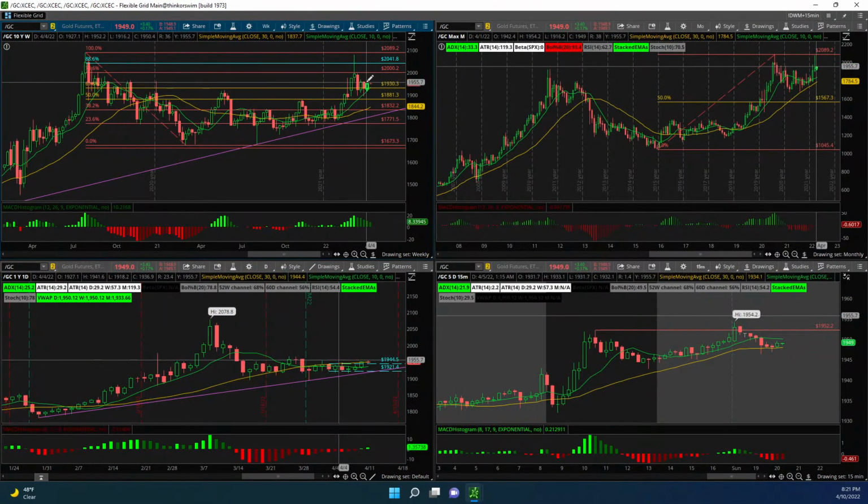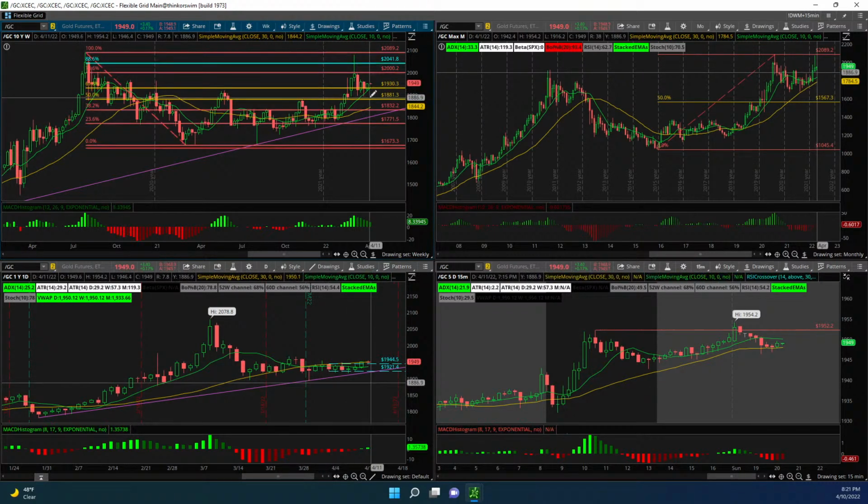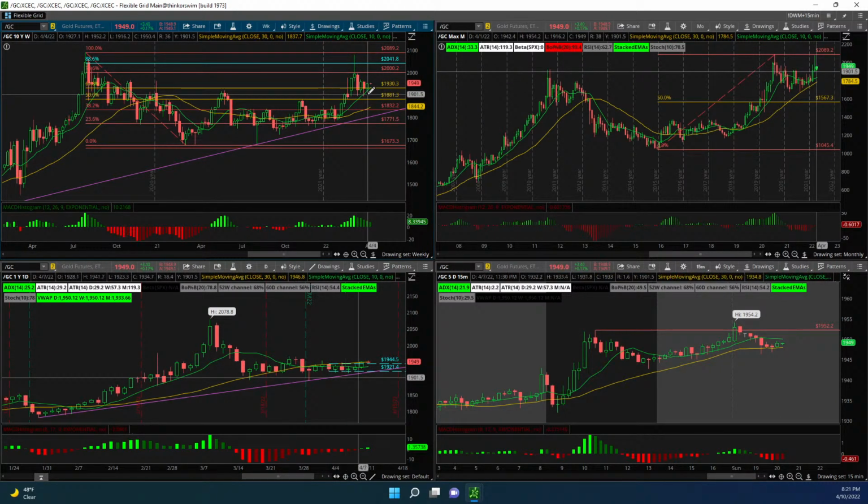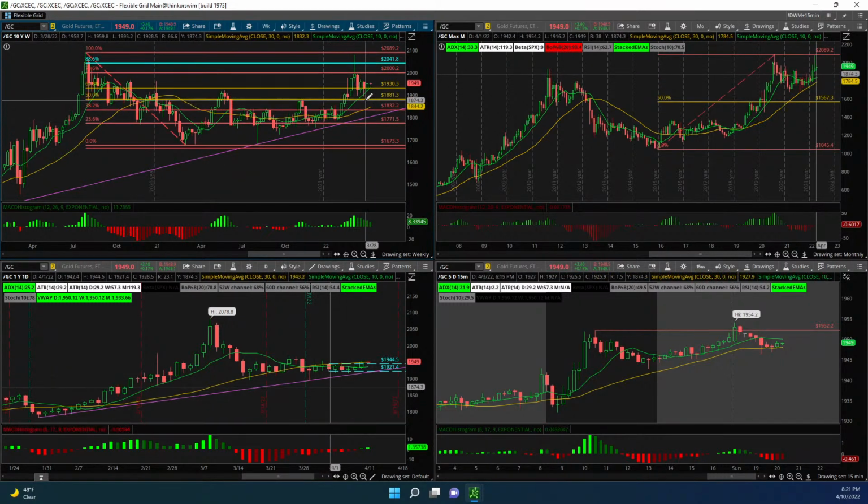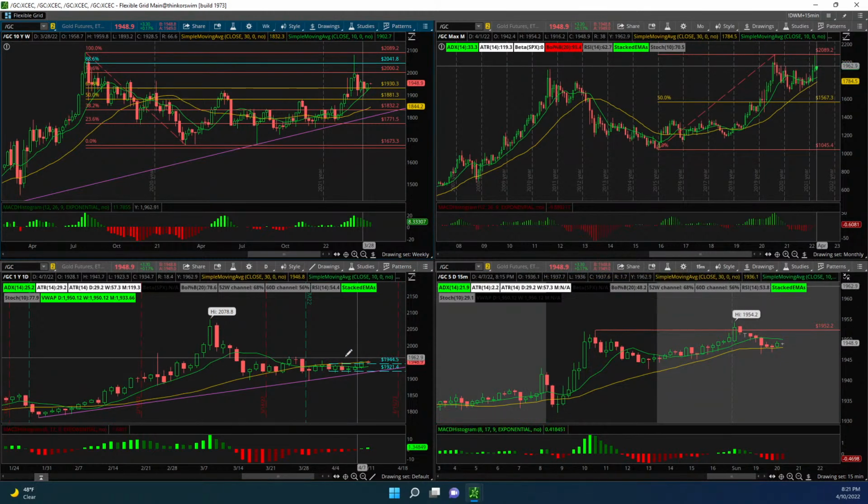We'll see if this candle moves above the high of this candle here, which is 1952.20. So it's 1949.90. So we'll see what it will do in the daily.